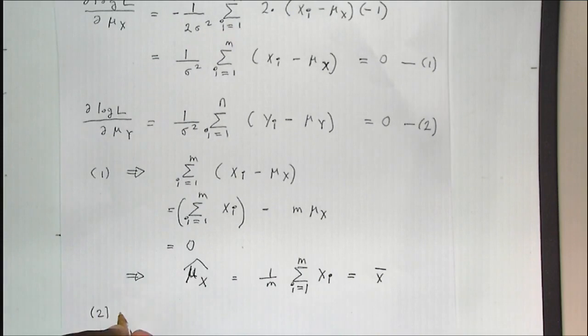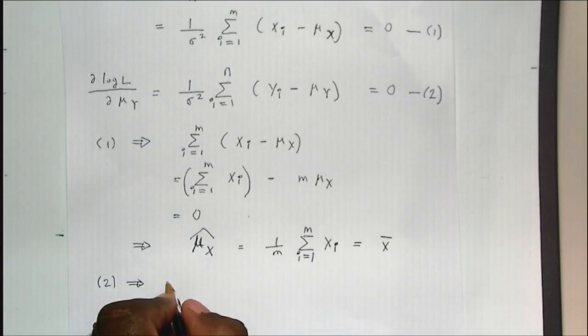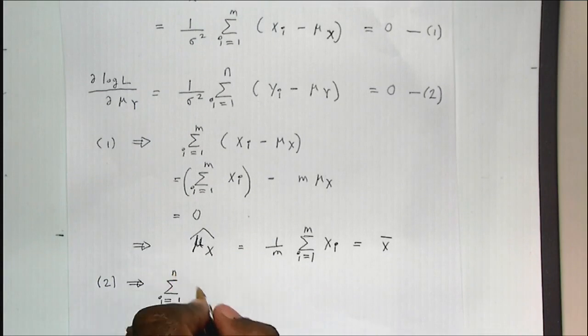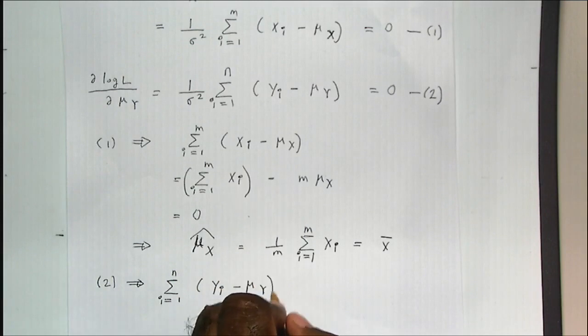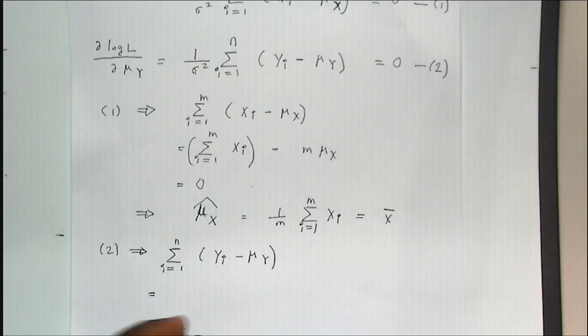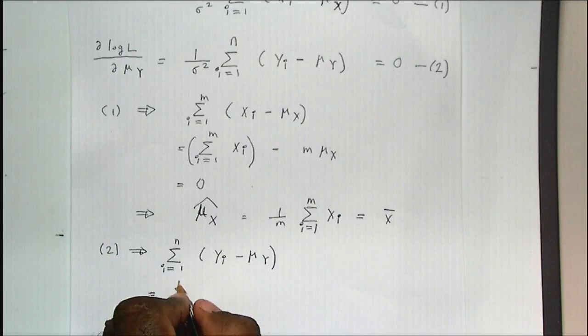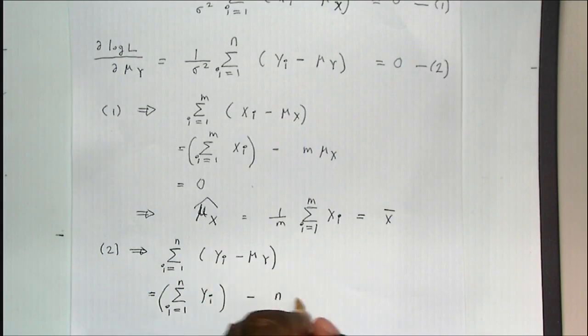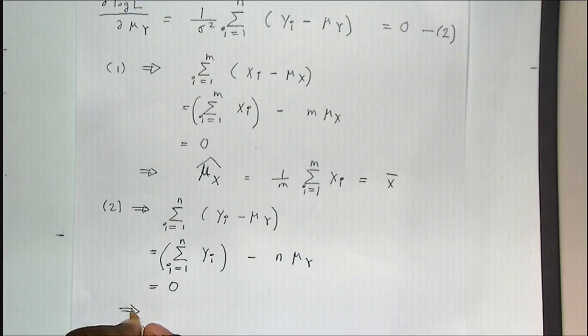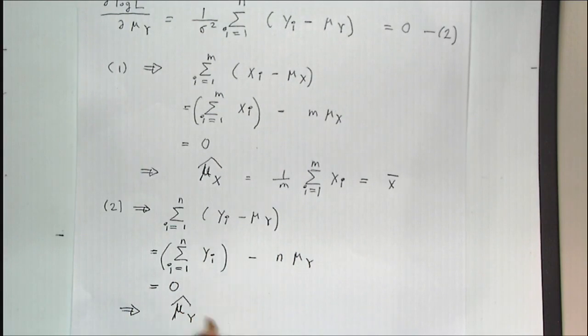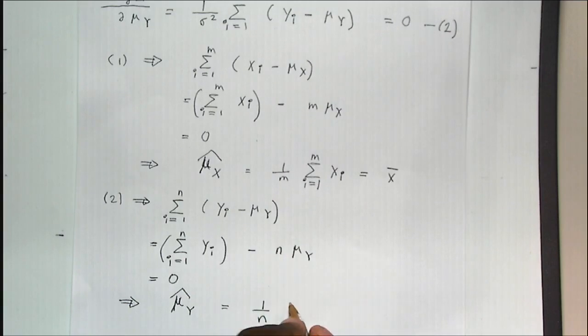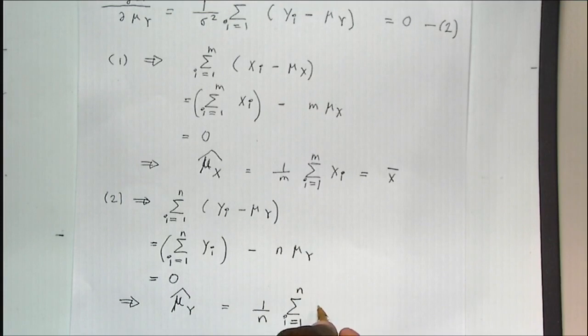And similarly, from equation 2, you can see that the estimator for mu y is y bar, that is the average of all the y's.